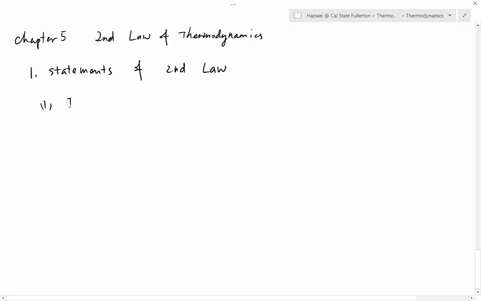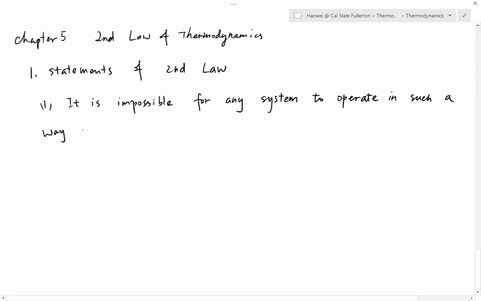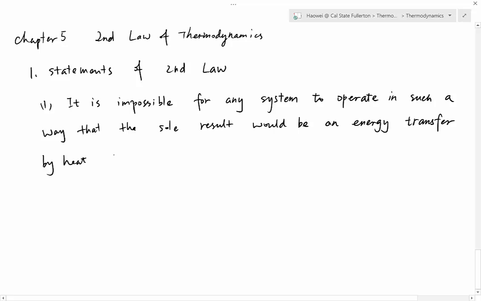The first way, it is impossible for any system to operate in such a way that the sole result would be an energy transfer by heat from a cooler to a hotter body.